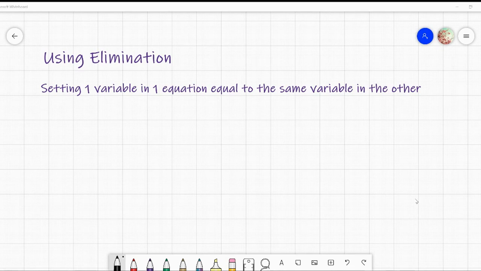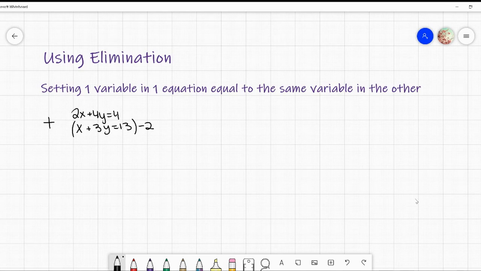So what I mean by that is if we had 2x plus 4y equaling 4, and we had x plus 3y equals 13, we need to do a little work to get two variables identical. Well, we have a 2x in the top one and an x in the bottom one, so it's kind of simpler this way. We're going to multiply this by a negative 2 because this has an unwritten addition sign.